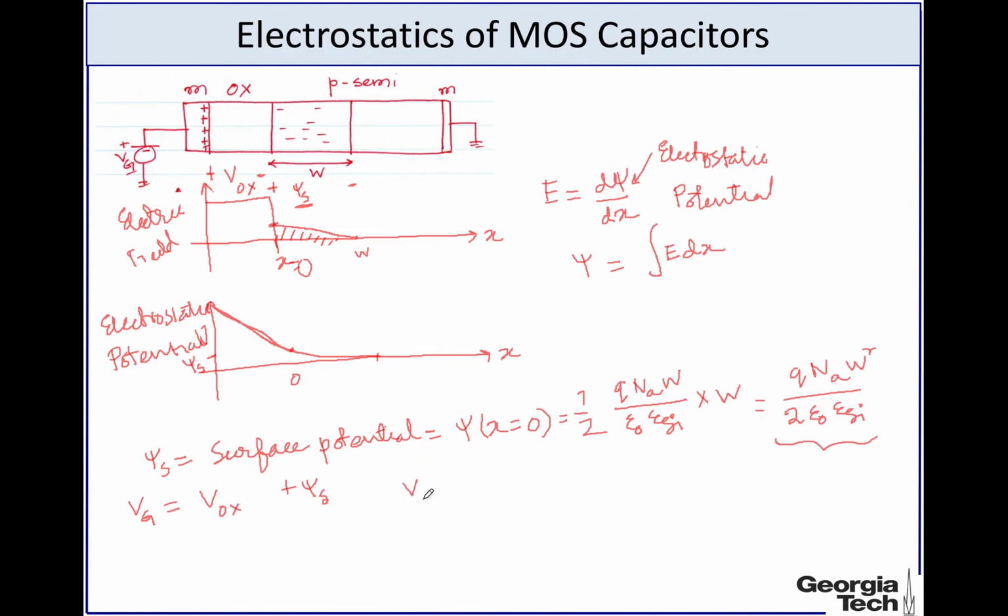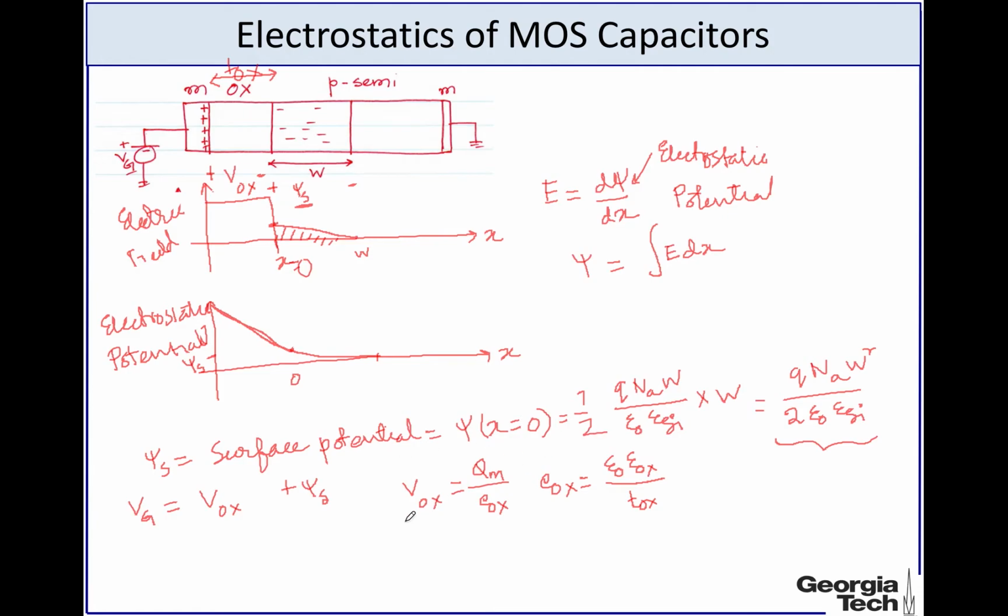Now what is Vox? Vox is simply the amount of charge that you have across the two sides of the oxide. So this is basically Qm divided by Cox, where Cox is the capacitance of the oxide layer per unit area, and this is given by epsilon naught epsilon ox divided by Tox, where Tox is the thickness of the oxide layer.